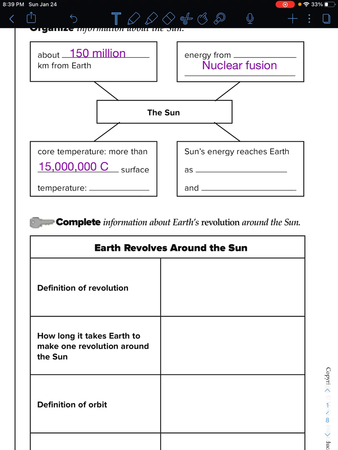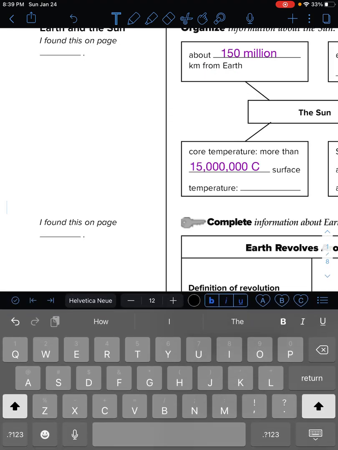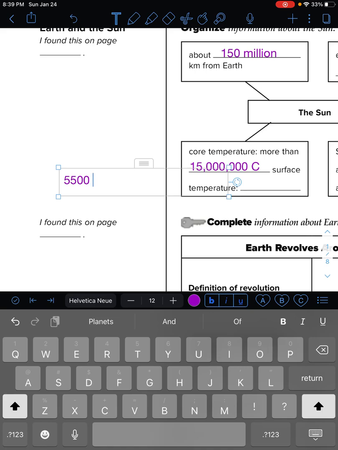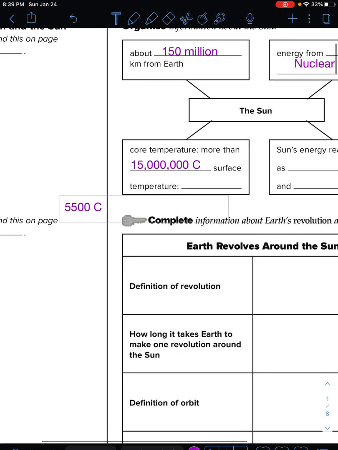And the surface temperature is 5,500 degrees Celsius.